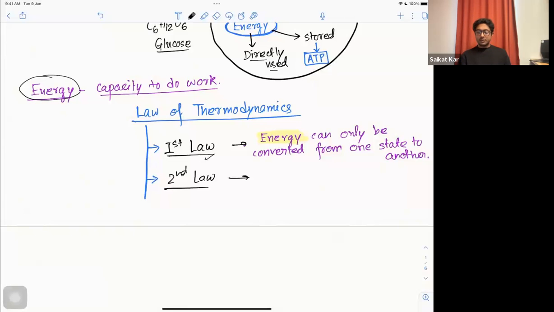According to the first law of thermodynamics, energy can only be converted from one state to another. It can neither be created nor destroyed. And the main statement of the second law can be said like this: no work or no conversion is 100% efficient.